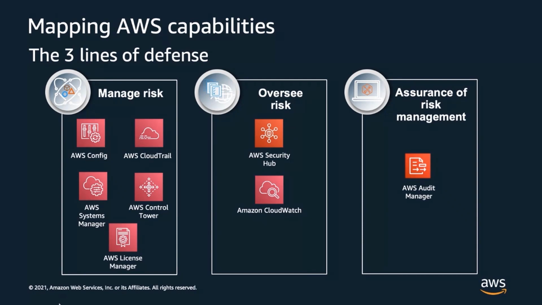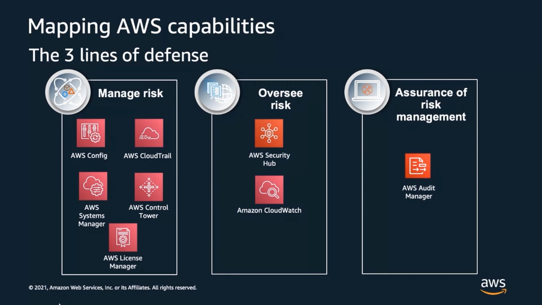Well, to help customers identify which AWS services to use when enabling compliance and monitoring, we want to look at what the Institute of Internal Auditors provides as guidance, which is the three lines of defense. As per this model, the business unit, the frontline functions, implementers, own and manage risk and compliance.